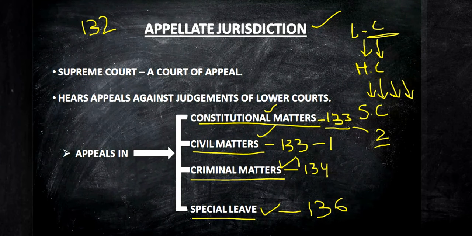So whatever the cases are being tried under the military court and whatever the judgments have been given by that military court, those particular judgments cannot be appealed in Supreme Court by the provision of appeal by special leave. Is it clear? This is the one and only exemption under appeal by special leave.